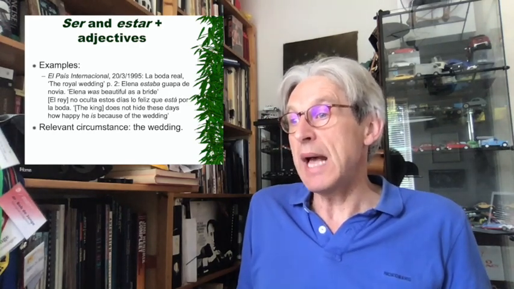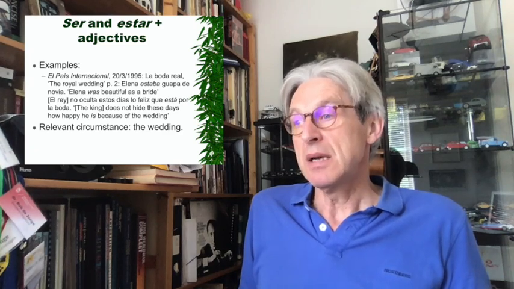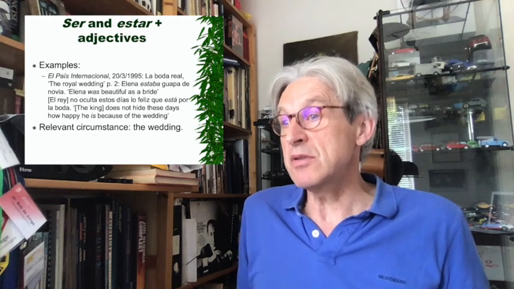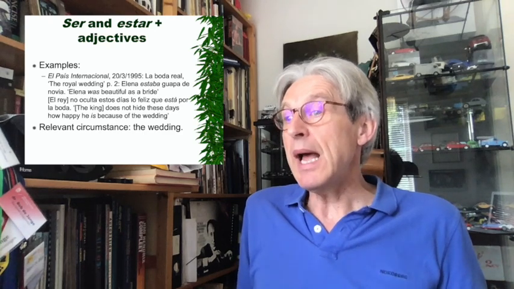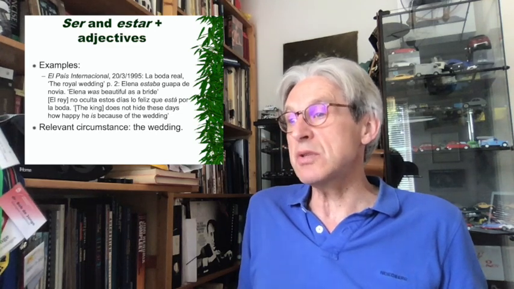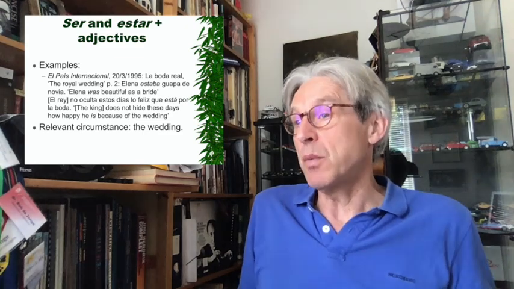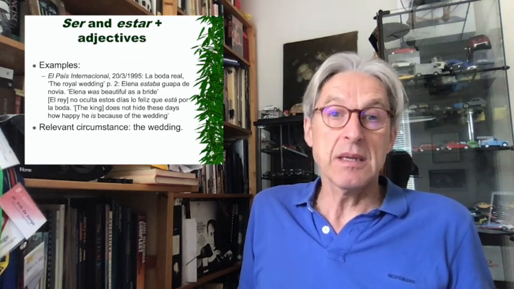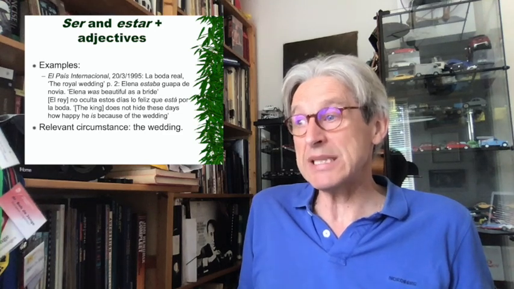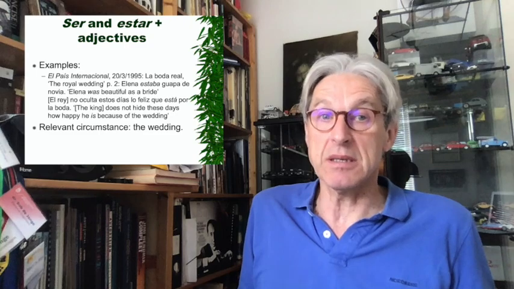Elena was beautiful as a bride. And of course here we see the verb estar, and the relevant circumstance obviously was the wedding. And of the king, her father, it was said that el rey no oculta estos días lo feliz que está por la boda. The king does not hide these days how happy he is, using estar in Spanish, because of the wedding. So it is obviously the wedding that is the relevant circumstance that causes the use of estar in these particular contexts.